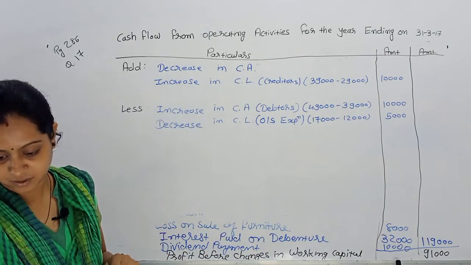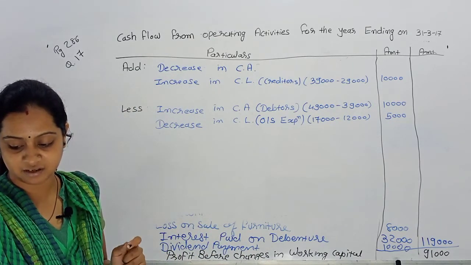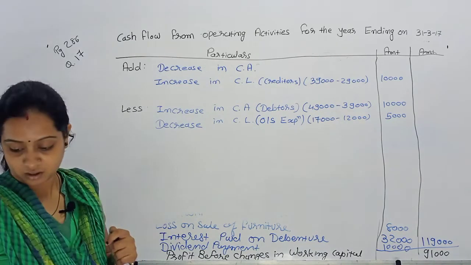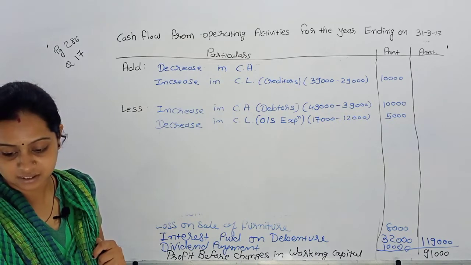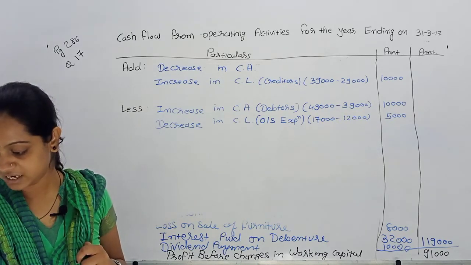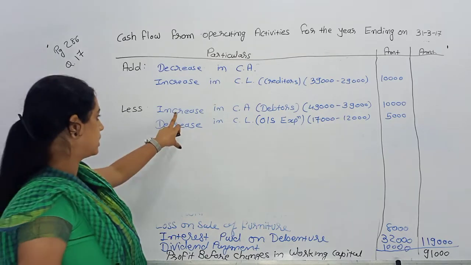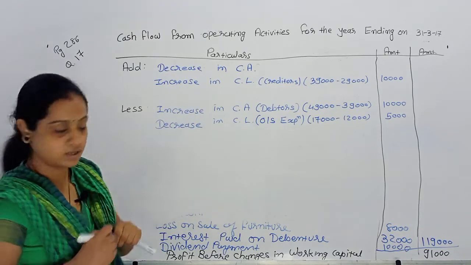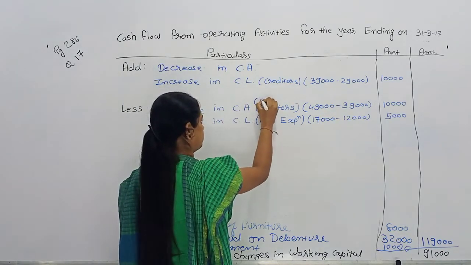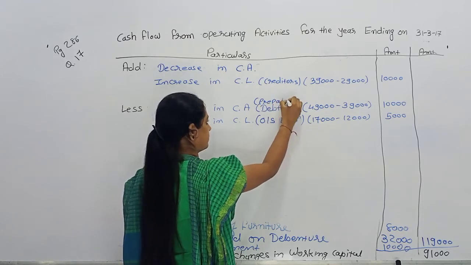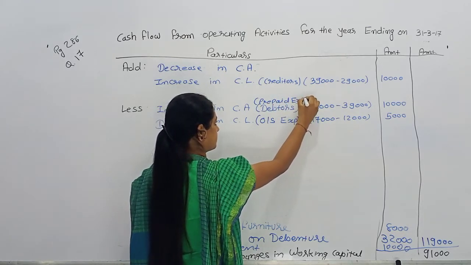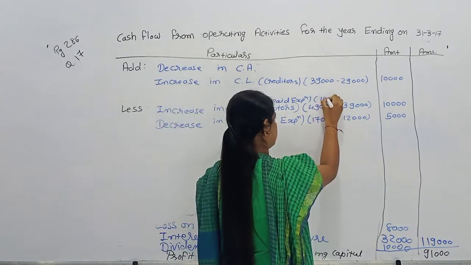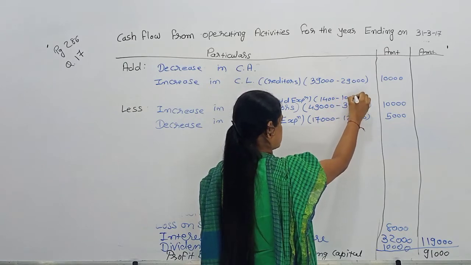Next, prepaid expense. In the beginning it was 10 and then 14. So there has been an increase, right? So there has been an increase in current assets. So I will write here prepaid expense, amount 14,000 minus 10,000.